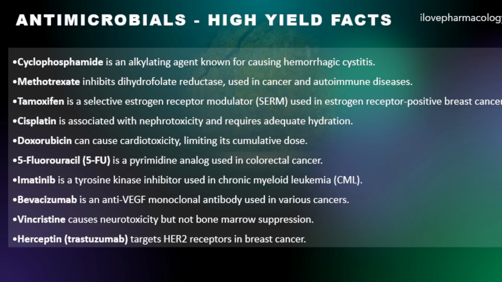Tamoxifen, again, is a selective estrogen receptor modulator and used in estrogen receptor positive breast cancers. And cisplatin is mainly associated with nephrotoxicity, and the patient requires adequate hydration, drinking more water, etc.